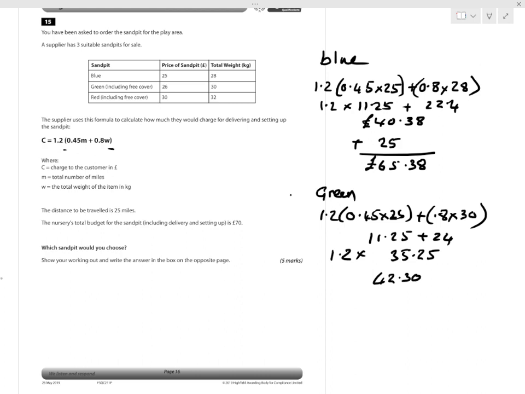The actual cost of that thing is £26. We've got £38.68.